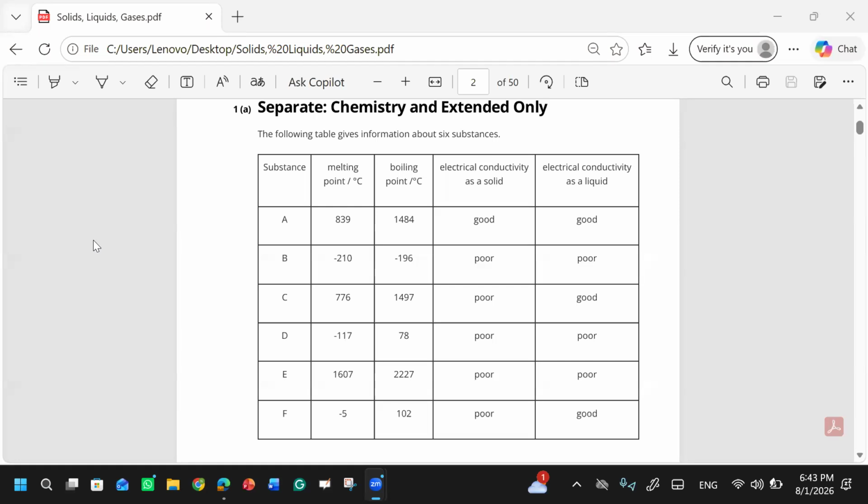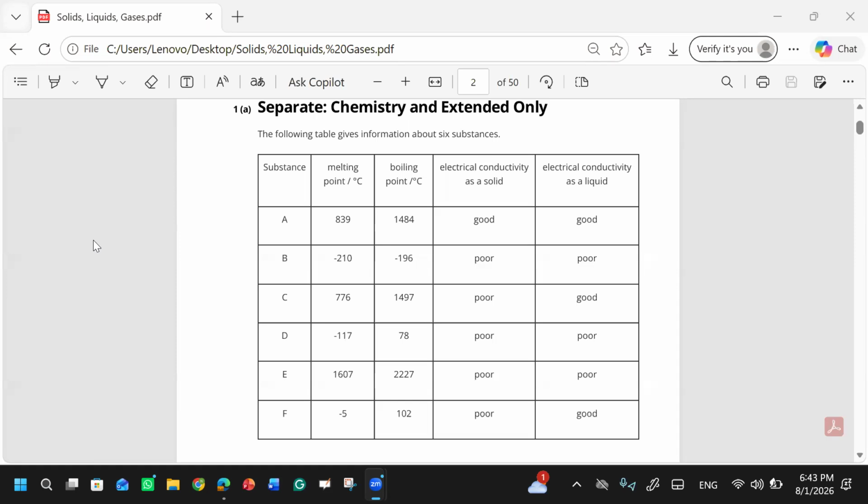Then the conductivity in electricity: in solid form it is a poor conductor, but in liquid form it is a good conductor. So what can this be? It should be F, repeating the condition: poor conductor in solid but good conductor in liquid.